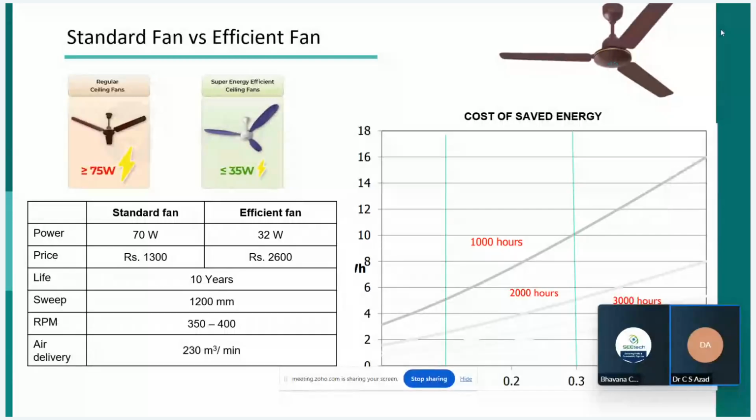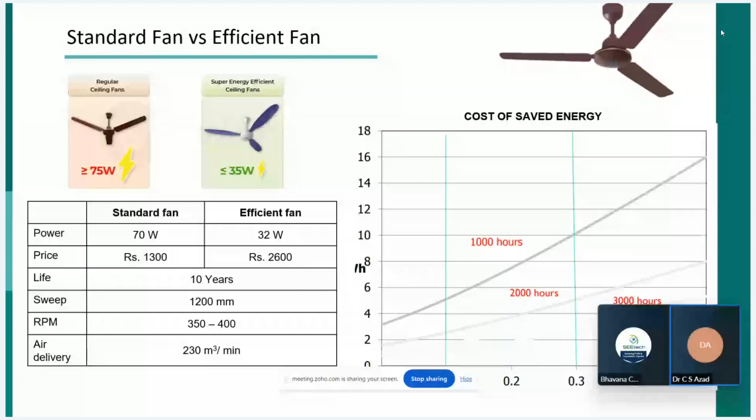Similarly, this thing is happening in case of ceiling fans. Now, the conventional ceiling fans consume more than 75 watt, but new ceiling fans with BLDC technology consume only 32 watt.